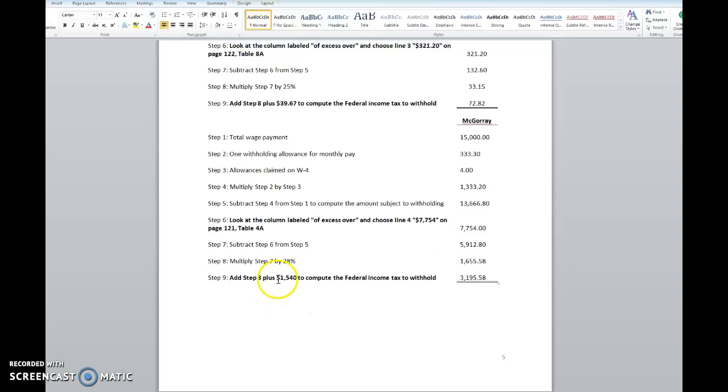We're going to add 1,540 to compute it plus the 1,655.58 to get the federal tax to withhold of $3,195.58. Remember, the $15,000 is found on table 4A on page 121 because he gets paid monthly.